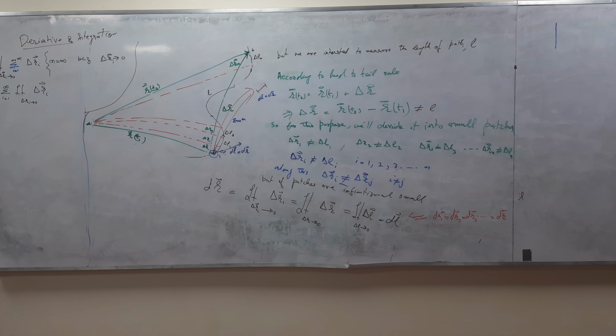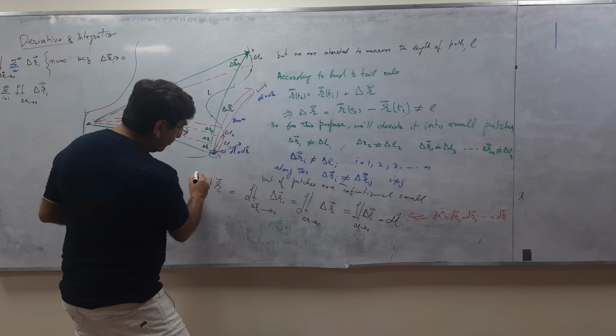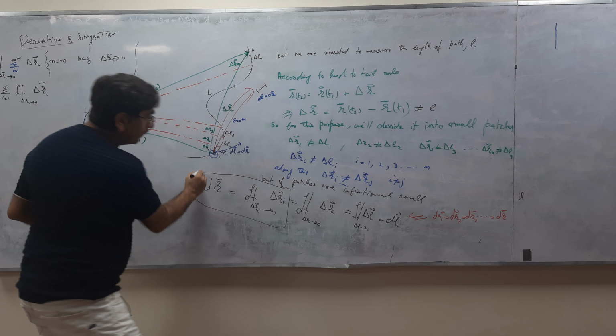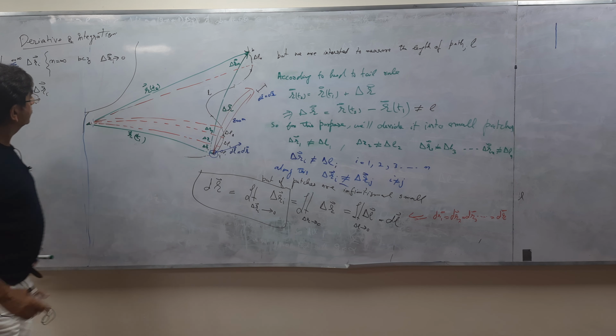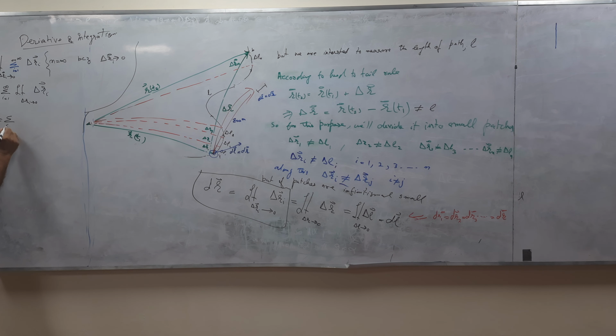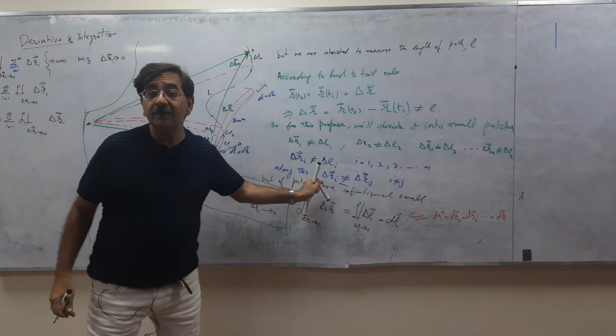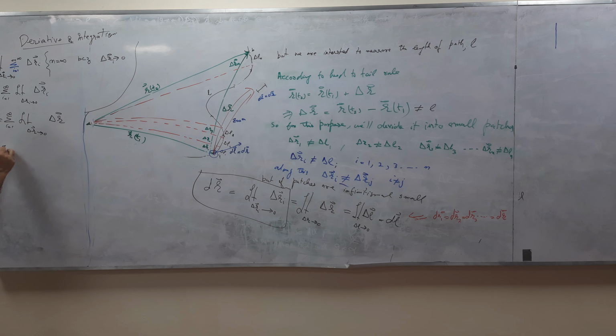Limit को इधर ले गया, sum को बाहर ले गया. ठीक है, you may write it, and according to this formula, I must say that delta R approaches 0, and this is delta R. Now i will be replaced, as I have done it in this way, i equal to 1 to infinity.